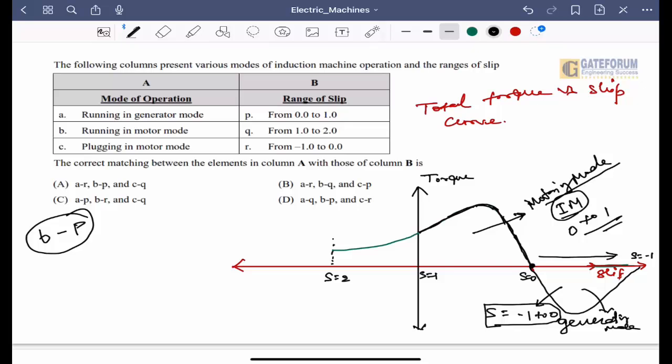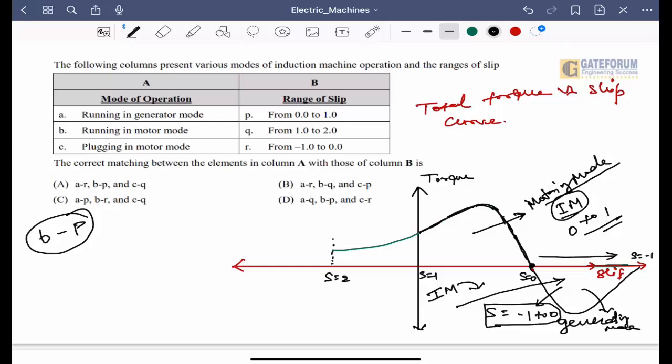Hence in this situation your induction machine will operate in generating mode. It will deliver electrical power to the connected supply system instead of taking power supply like a motor.